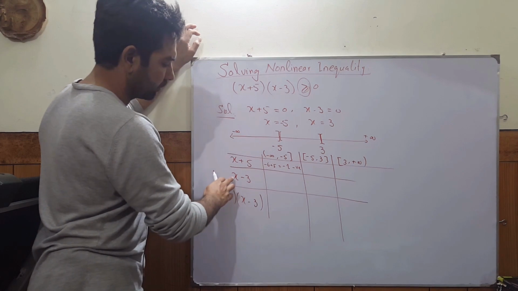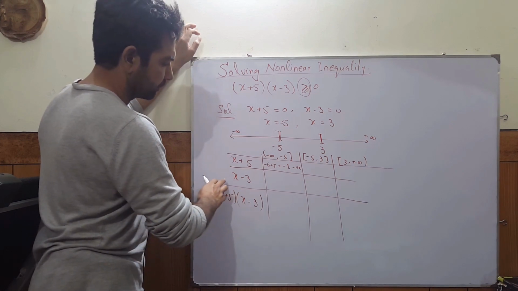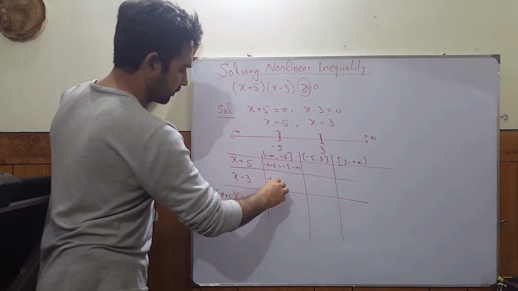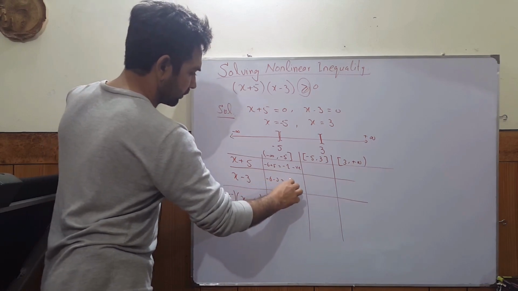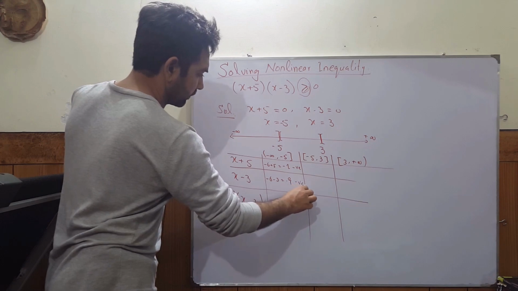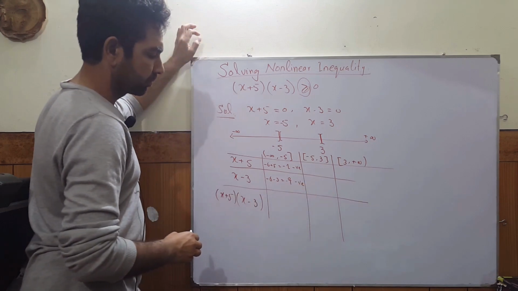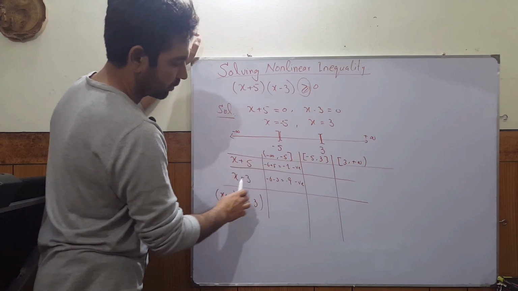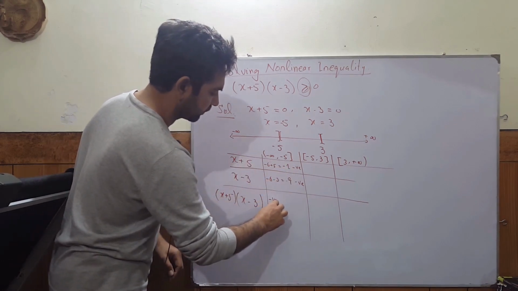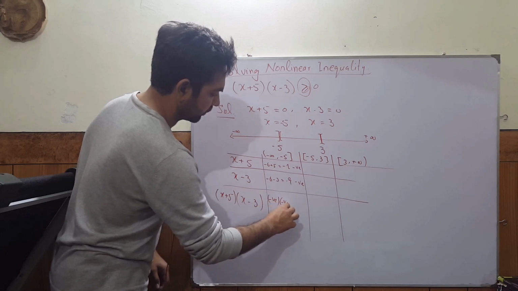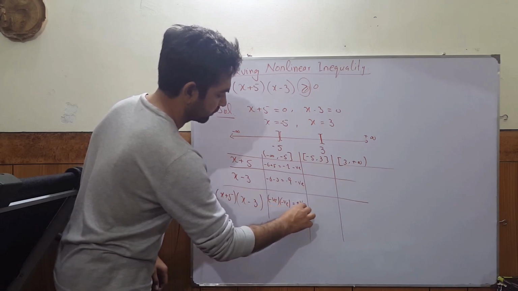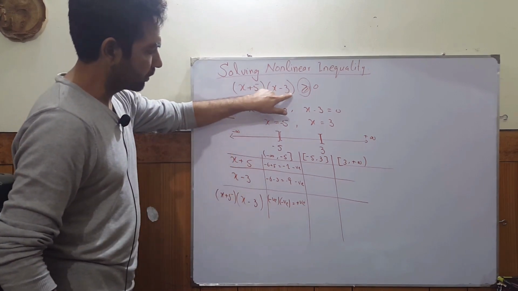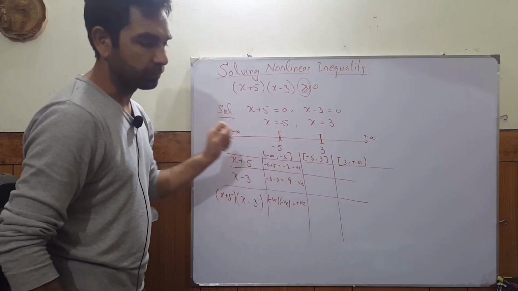In the same interval, if I take minus 6 here, minus 6 minus 3 gives me minus 9, which is again negative. This one is the product of these two. So if I multiply a negative into a negative, that gives me a positive. It means the solution of this inequality exists in this interval.